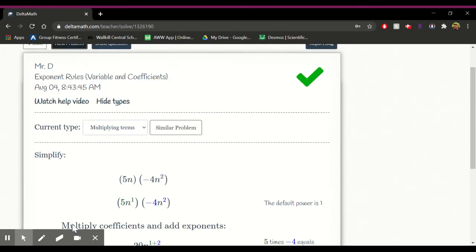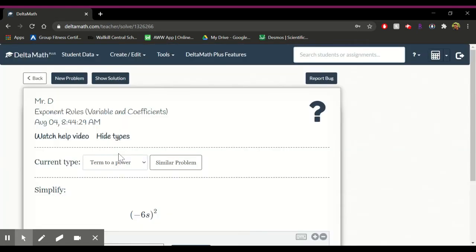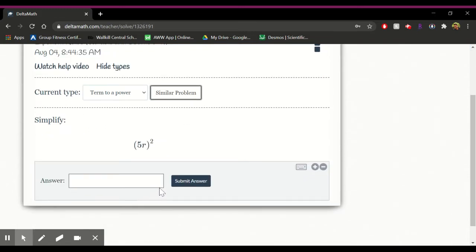Now, when you have a power to a power, it's a term to a power. Let's start off with a simple one. All right, right here. Why don't we start off with this? When you have a term to a power, you're basically multiplying it by itself.